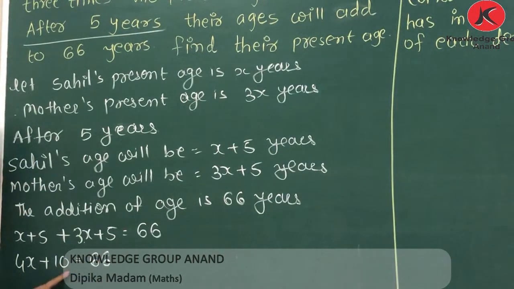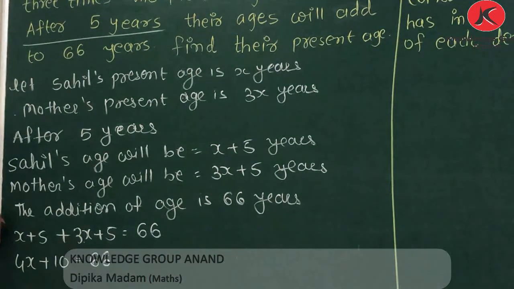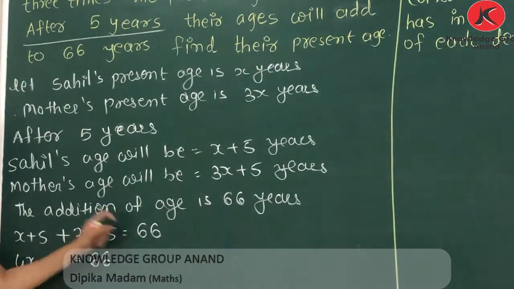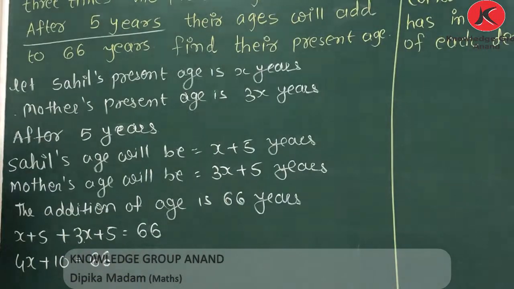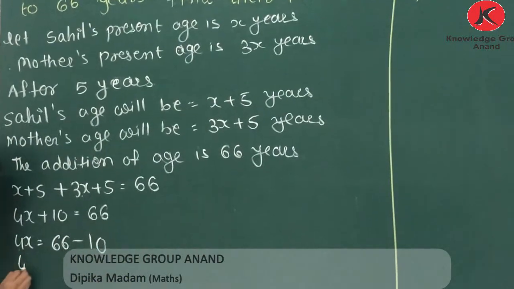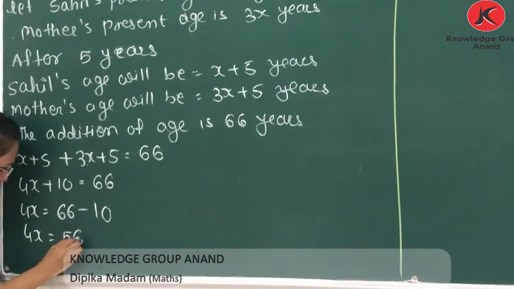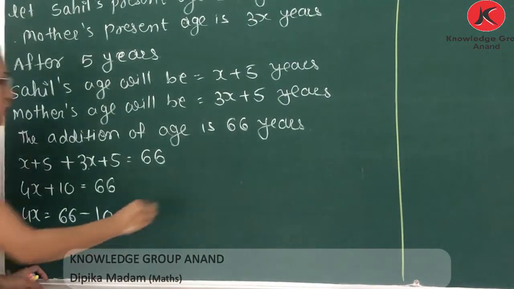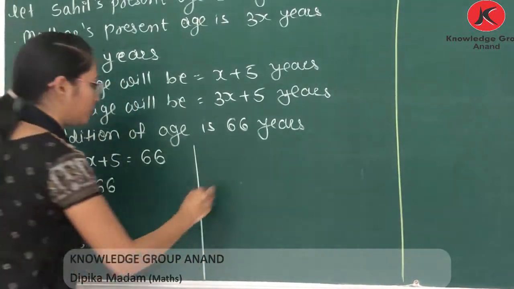Now we cannot add 4x and 10 because 4x and 10 are unlike terms. Now 10 is in addition, so move to the right, it becomes minus 10. Now 4 is in multiplication, so it becomes division.